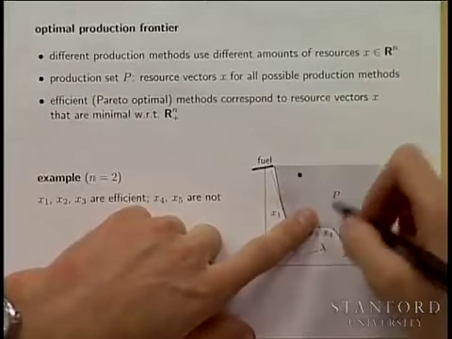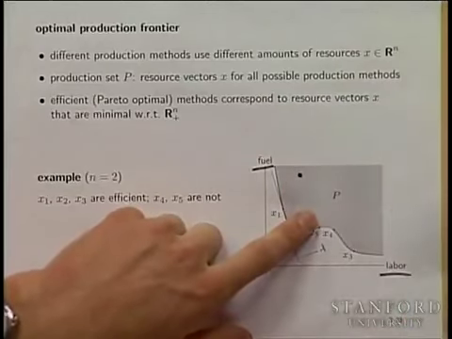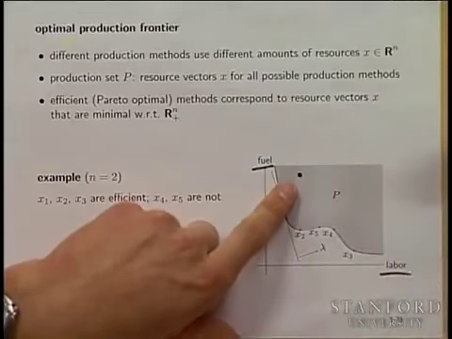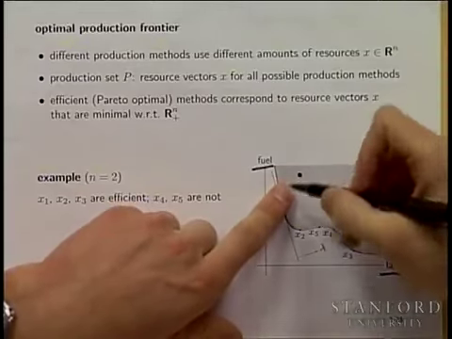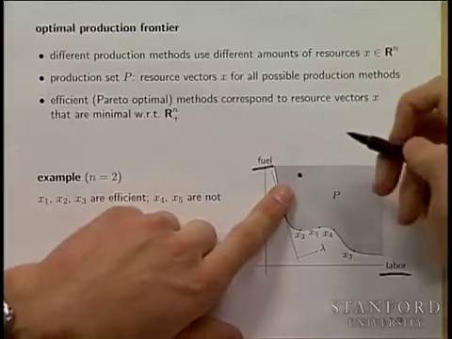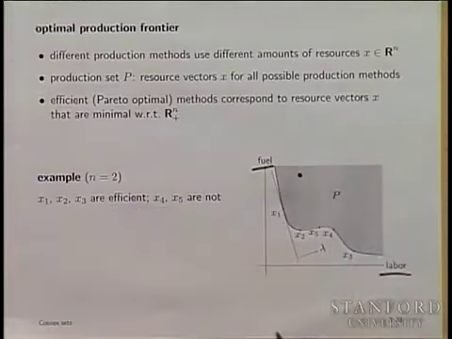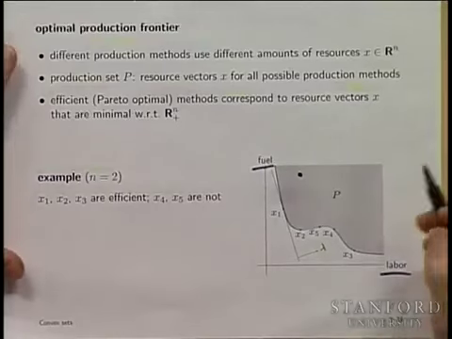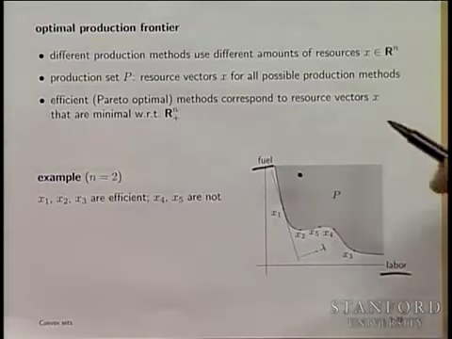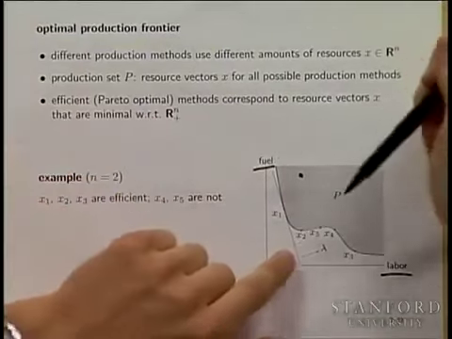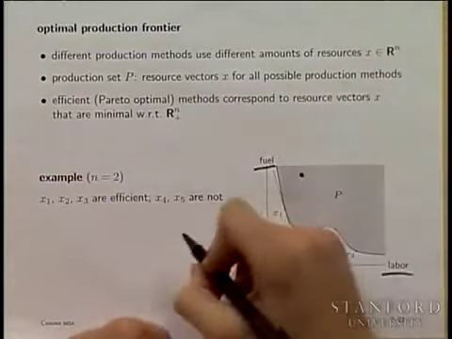And this set we could find through some marketing guy who might tell us what products are available. We might do some research, we might do some testing. There's lots of different ways we could find this set. And what we say is that an efficient method is one that is minimal with respect to R plus to the n. Now first of all, what would it mean if we had a minimum element?